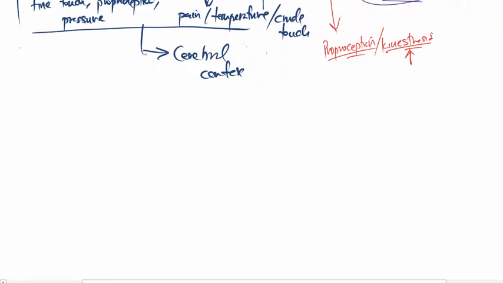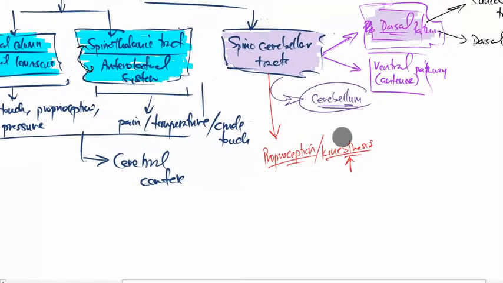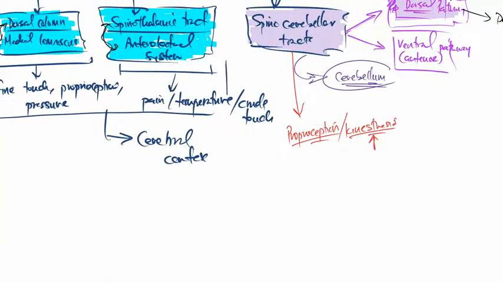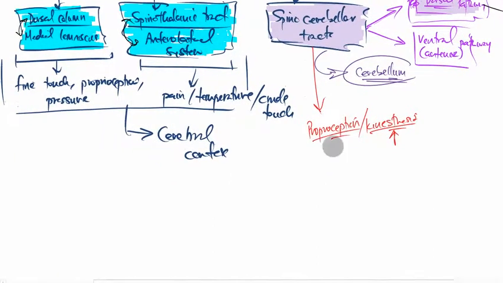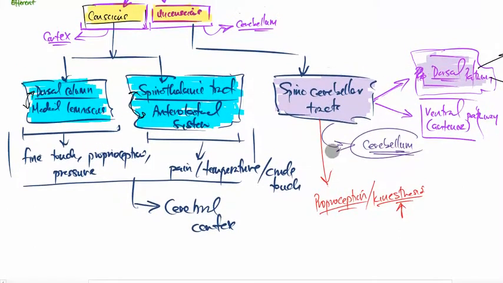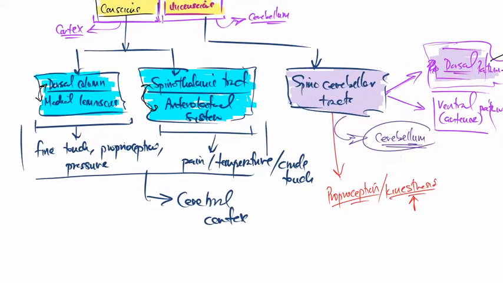Is there any difference between the two proprioceptions, the one from the spinocerebellar and the one from the dorsal column? You can see that one of them is unconscious because it goes to the cerebellum, whereas the one for the dorsal column is conscious, because it's going to the higher areas of your brain.